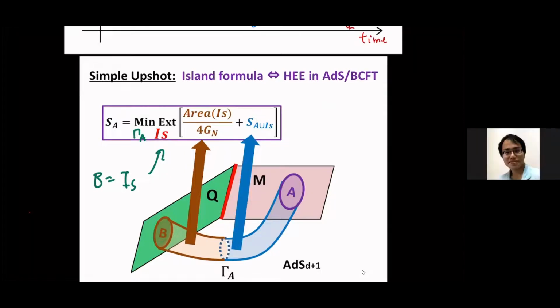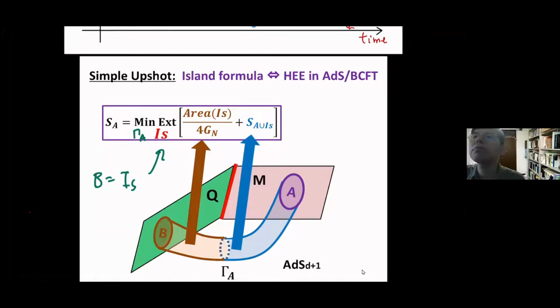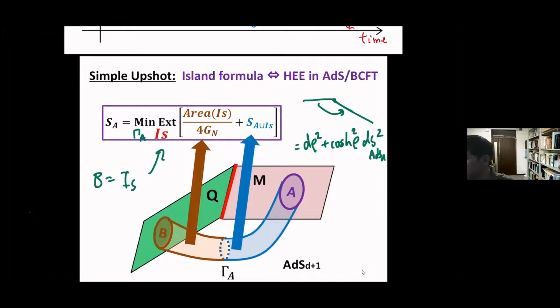In the chat: in brane world holography, the brane seems to be at constant z, but for the BCFT case, the end of the brane is different. That's right. For BCFT it's like this, right? There is a nice coordinate, rho star, as we introduced. Let's call this AdS_d. The ds squared of the AdS_{d+1} metric is written in terms of this hyperbolic or AdS patch, as we explained in this way.